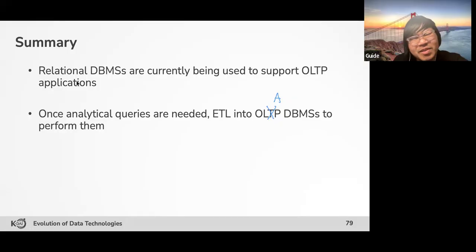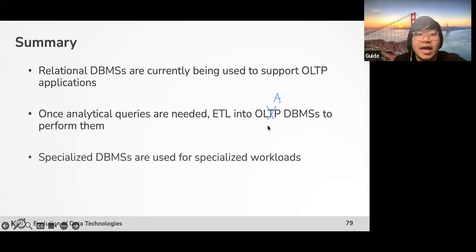I believe this is not quite precise. People use relational, document, and other kinds of DBMS to support OLTP applications, then ETL those OLTP databases into OLAP DBMS in order to perform analytical queries. And finally, we have specialized DBMS for specialized workloads, to deal with AI, machine learning, or new workloads in the future.